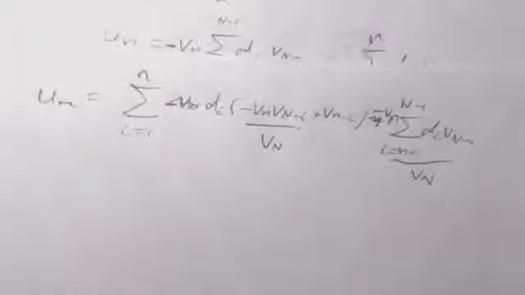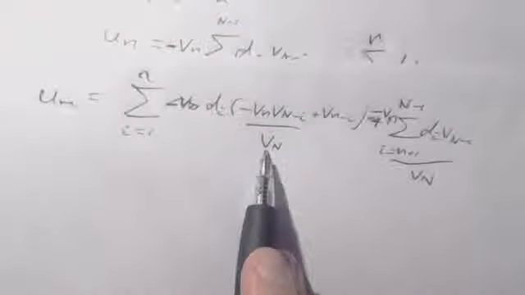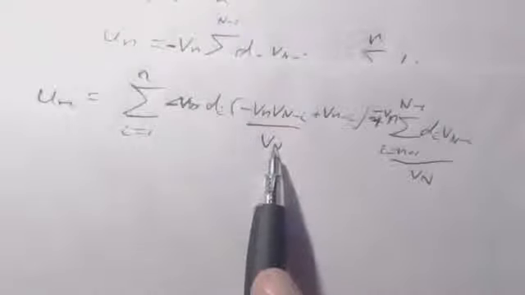So, and I want everything to be over v big N, because we've got a v big N here, v big N here, and in the example we were playing with, we ended up with this being the denominator of the fractions that we were trying to get to in the end.